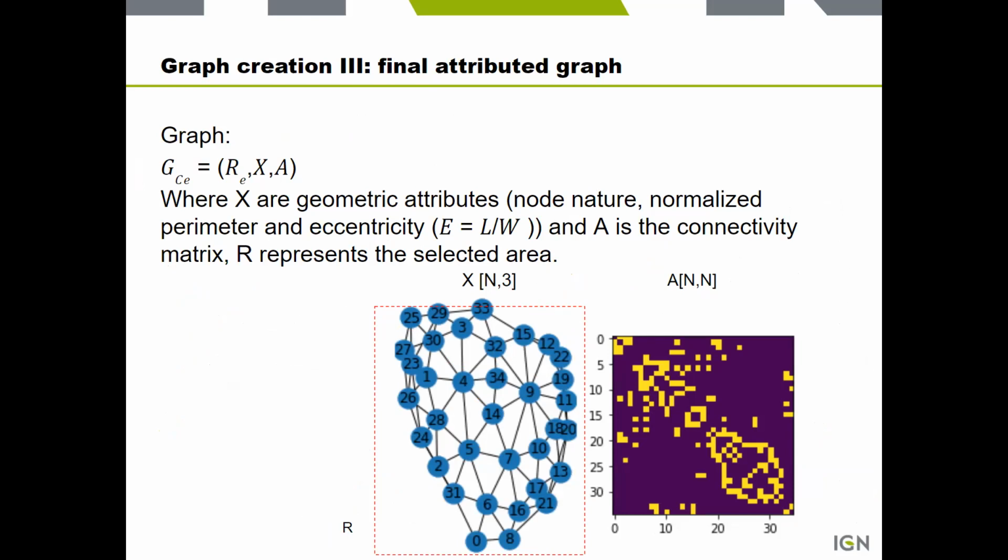We also use a node nature, such as whether it's a road, river, building, or another type of object. And finally, A is the connectivity matrix, which establishes whether two nodes are connected or not. So it is a matrix of connections.